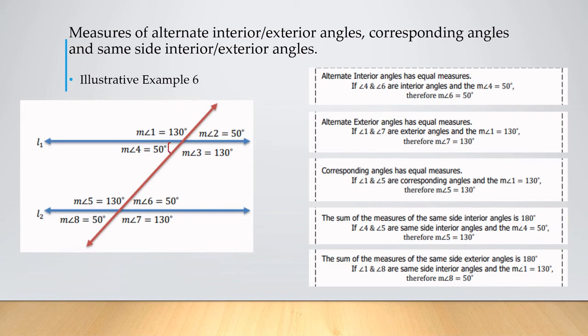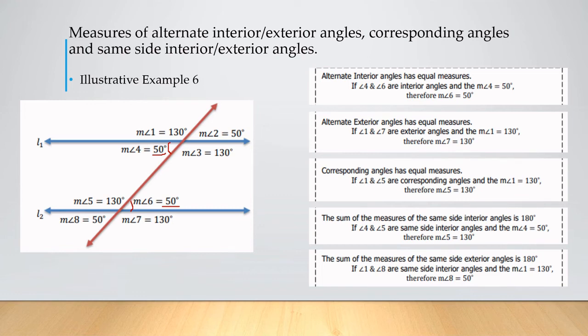So, angle 4 and angle 6 are alternate interior angles. If the measure of angle 4 is 50 degrees, then the measure of angle 6 is also 50 degrees, since alternate interior angles have equal measures. Okay.